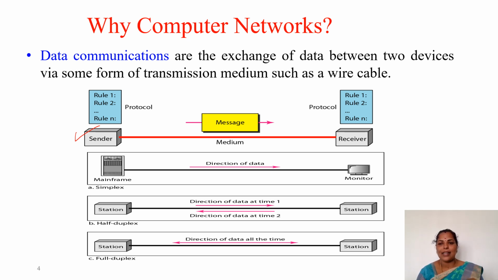Or in the class, if I am posting an assignment, I need to send a message to all of you. So I am broadcasting it, or through a group mail I am sending you the question. So I have a receiver. Whoever the sender is, he knows the receiver also, and only then can he send the message. So the sender is one component, and the receiver is another component.